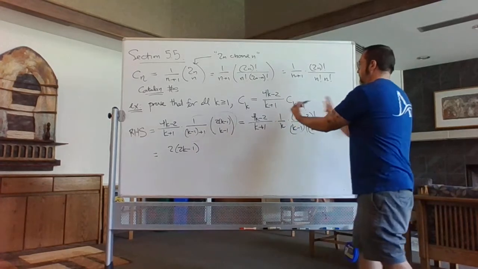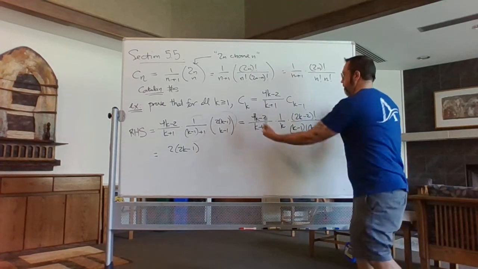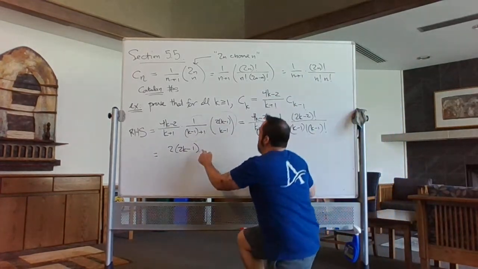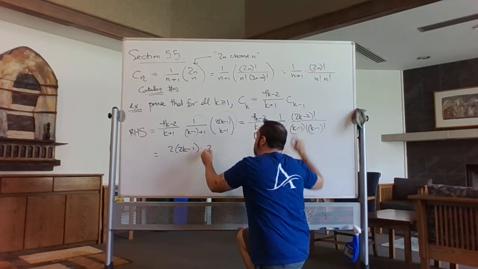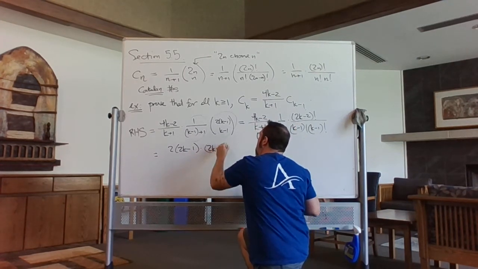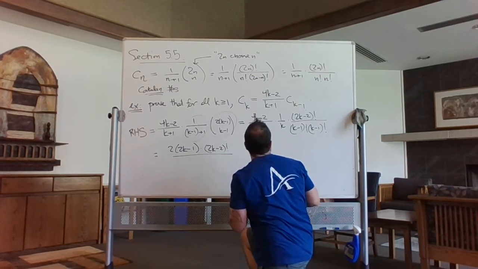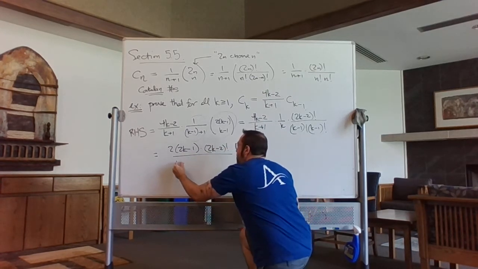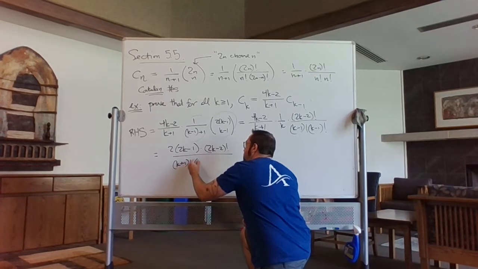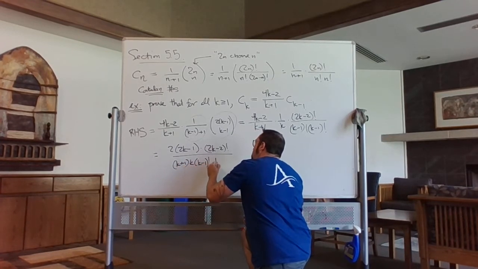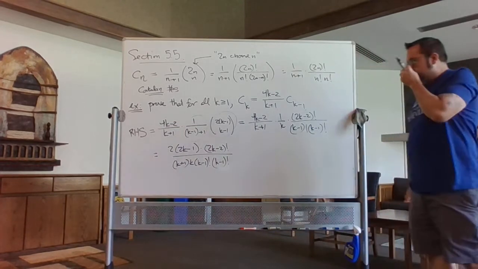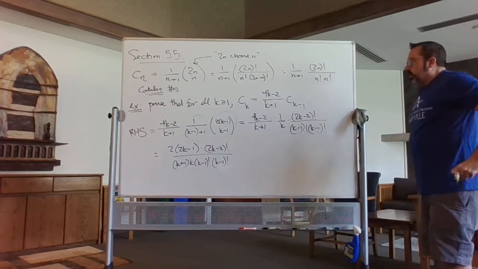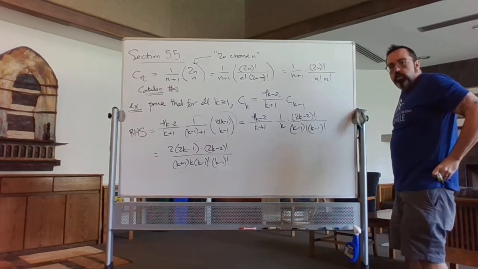I'm going to collapse all these because we're just multiplying fractions, so I can put all the numerators together. I factor the 2 out of there, times 1, times this. And then in the bottom, I get a (k plus 1), putting all the denominators together, times k, times 2 of those (k minus 1) factorials. All right, we're getting there.